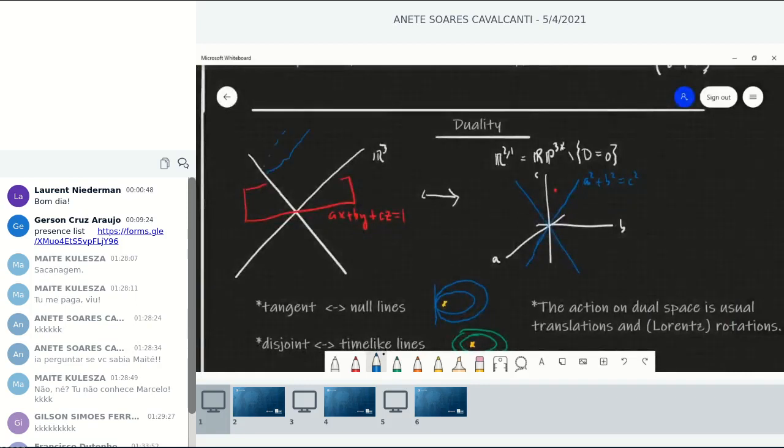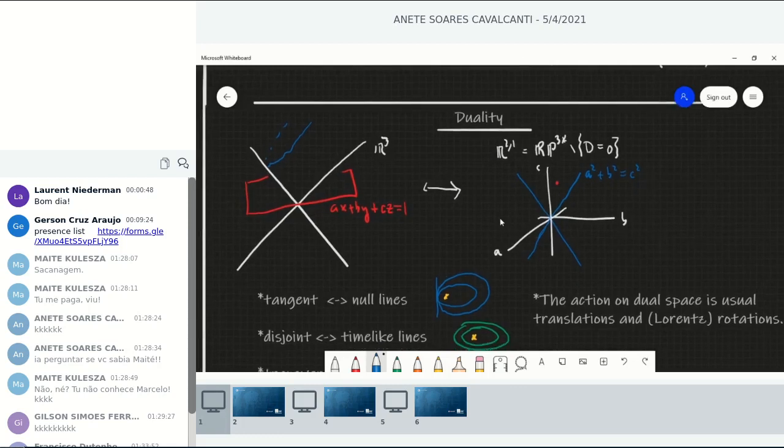These blue ones are parabolic orbits. And if the normal vector is time-like, as from this point corresponding to this red plane, then the interior of this null cone gives the elliptic orbits, and the exterior gives the hyperbolic orbits. Okay.